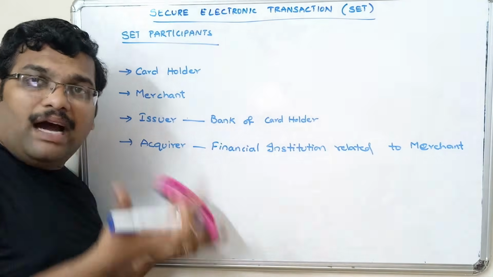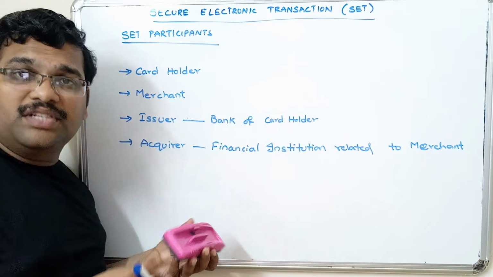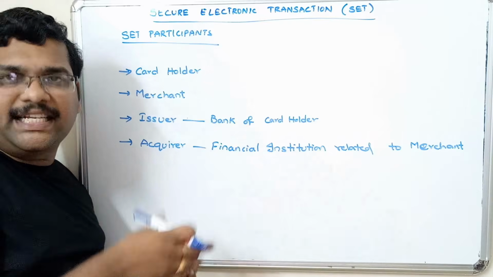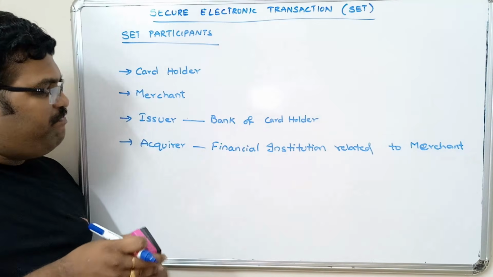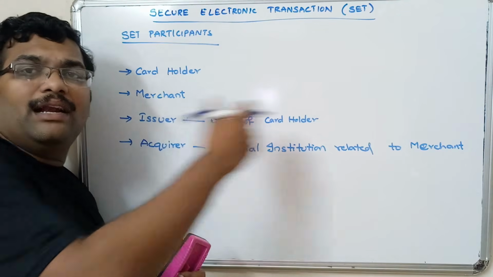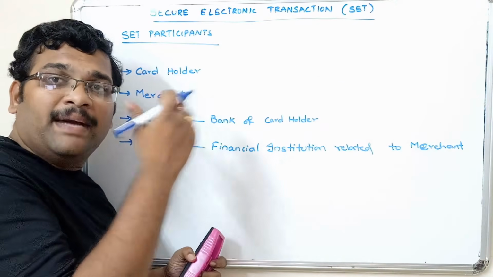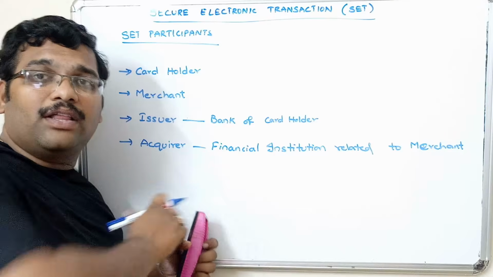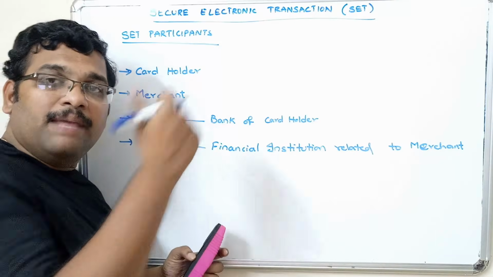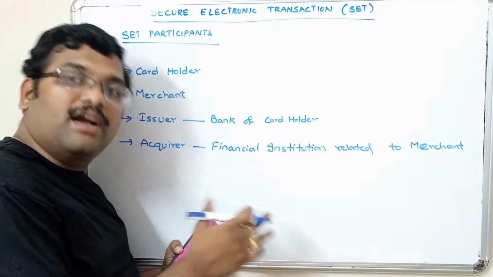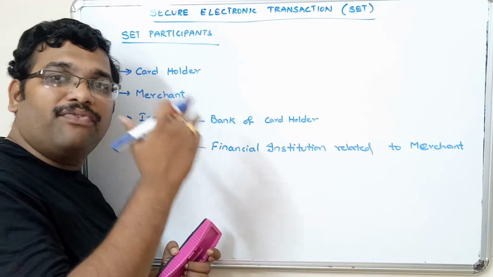There are different card holders, that means different users, and everyone will have their own credit card from their own bank. The acquirer is related to the merchant. The merchant need not have an account with all the banks, because the merchant must be able to accept the card of any bank.